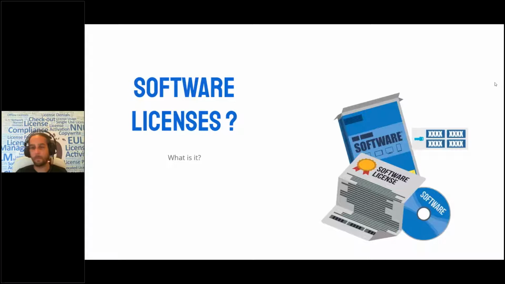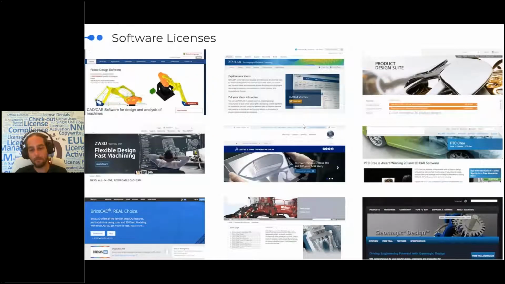So, what are software licenses? Basically, let's say you have many different engineers. You currently have a project where you need to design a new engine or a new wing or anything.